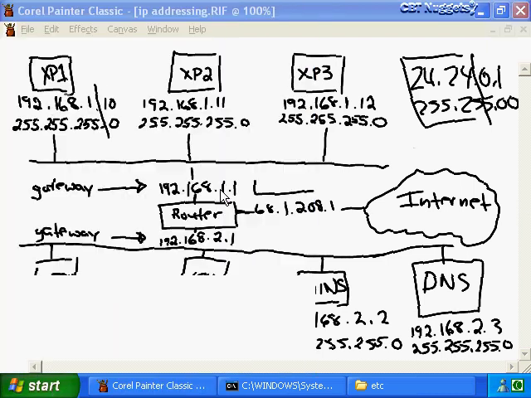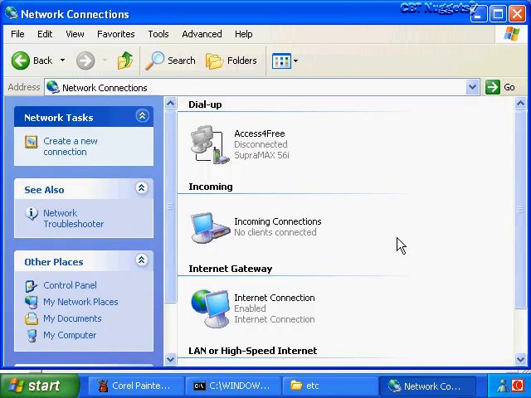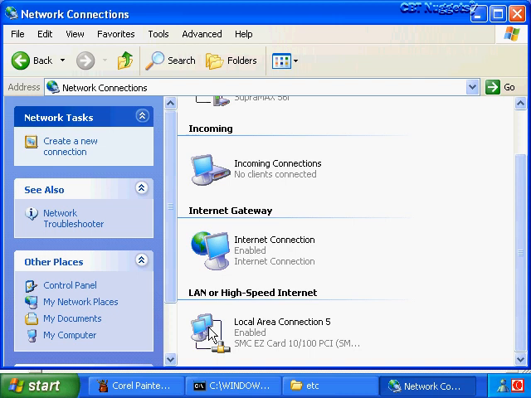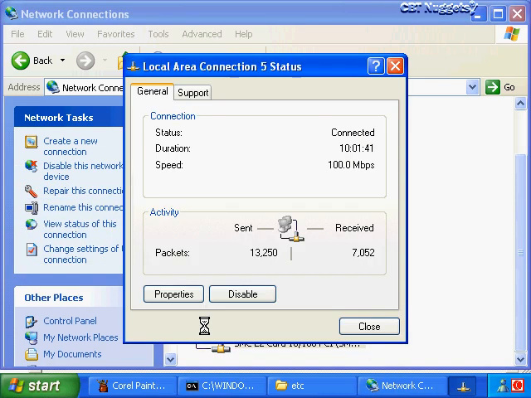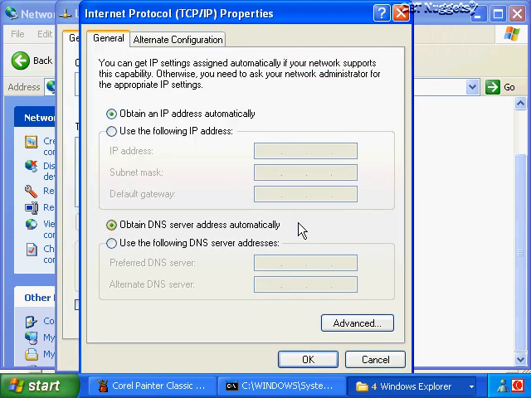Select Control Panel. From Control Panel, we're going to Network Connections. Double click on that. Select your network connection. Double click on that. Click on Properties. Select IP, TCP IP protocol. Then click on Properties. And lastly, click on Advanced.